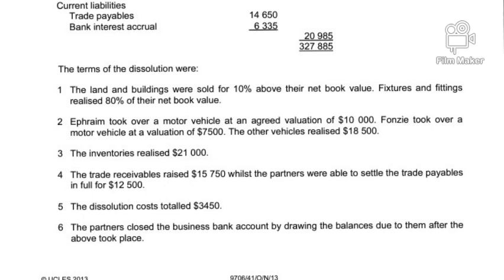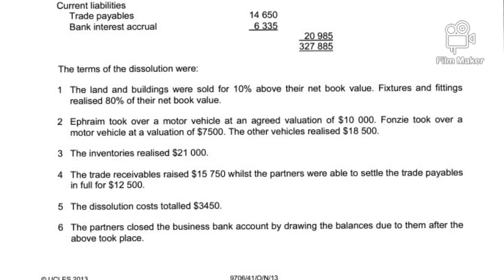We are now moving on to note number 4. The trade receivables raised 15,750. It means that customers were allowed discount by the partnership. Remember, under the heading assets and net book value, we had trade receivables amounting to 19,765.